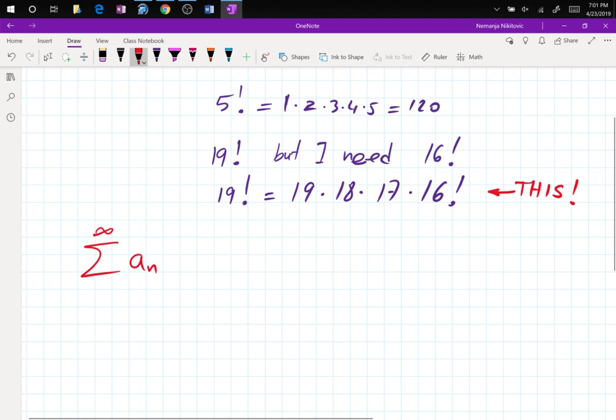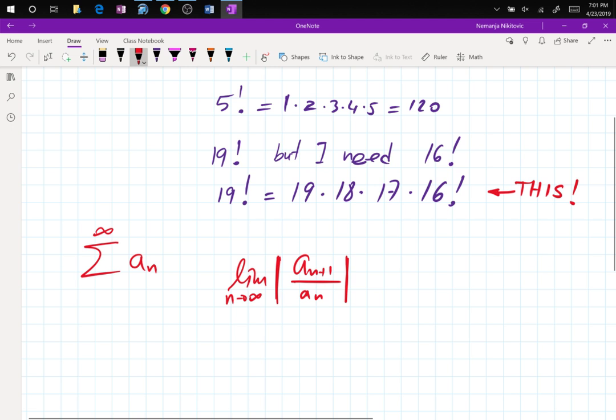So what do we have for the ratio? We take the limit of a_(n+1) divided by a_n in absolute values. It's very important to have these absolute values here.